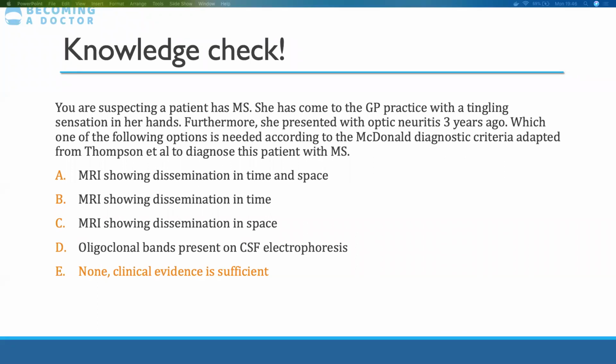Therefore, you don't really need an MRI according to this criteria to confirm it, because at this point the diagnosis is already confirmed. However, doing an MRI is always good practice. So they would still do an MRI just as supporting evidence.